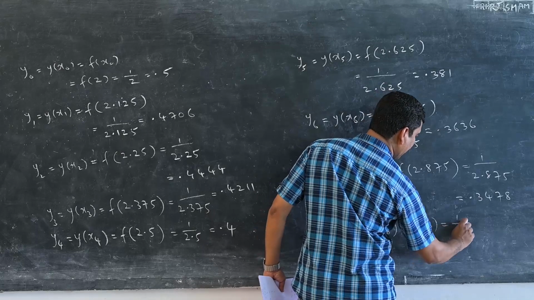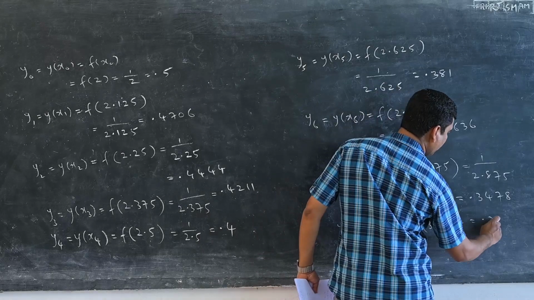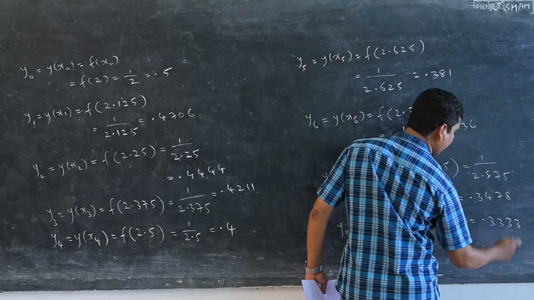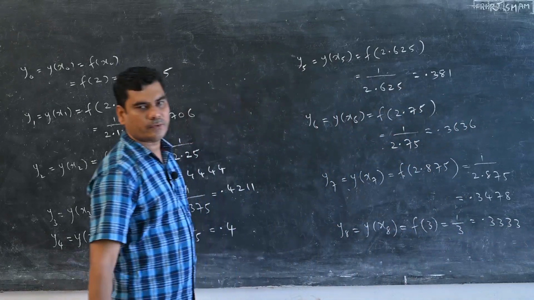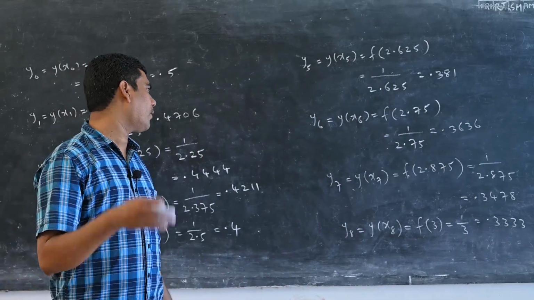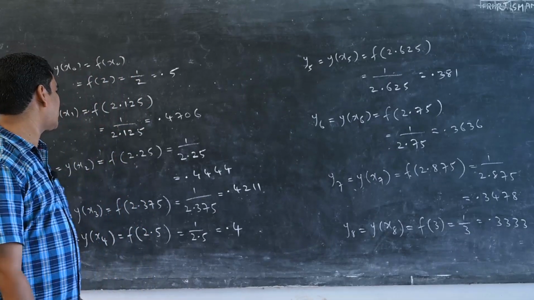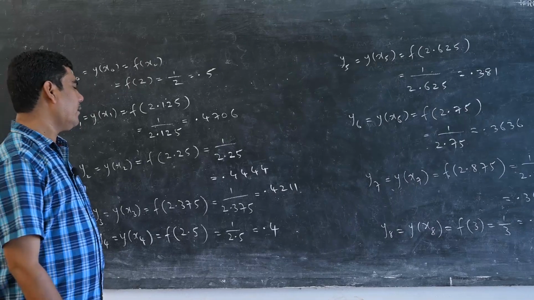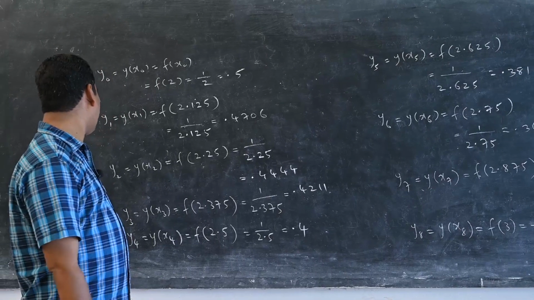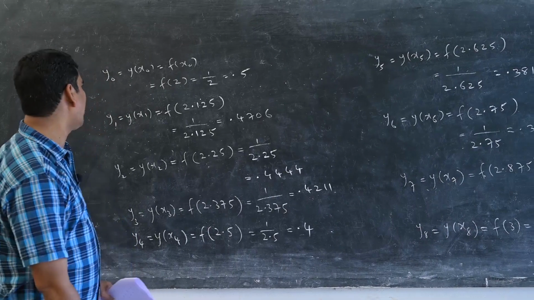It is 1 by 3, which is 0.3333. So we have found the values of the function at x0, x1, x2, etc., x8. That is, we found the values y0, y1, y2, etc., y8.